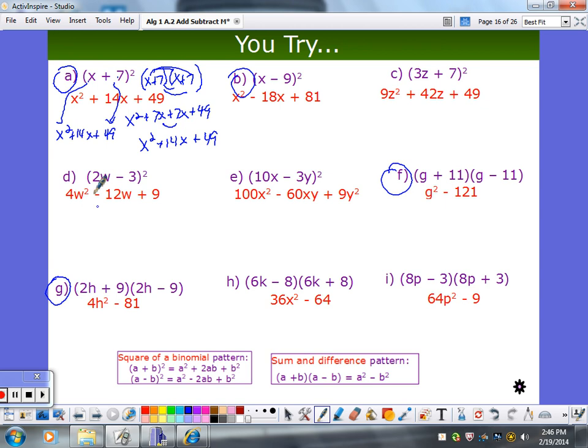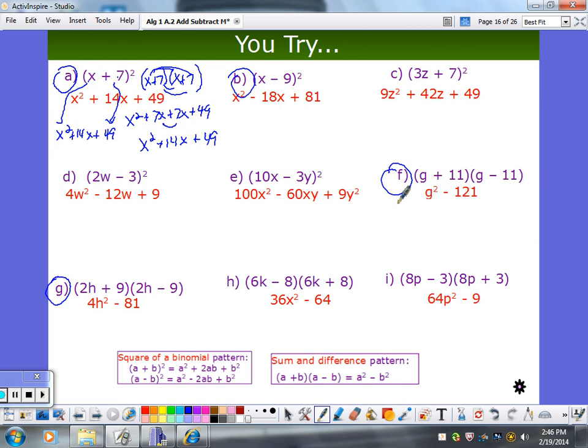If the pattern right now is too much, don't worry about it. Don't do the pattern. It truly is okay if we're not quite ready for it yet. I'd rather see you get this practice using FOIL or multiple distribution. That's perfectly okay. Maybe next week you might say, no, I'm ready for this, and that's fine. Or never, I'm never ready for it. That's okay too. These though, I want you to know the pattern.